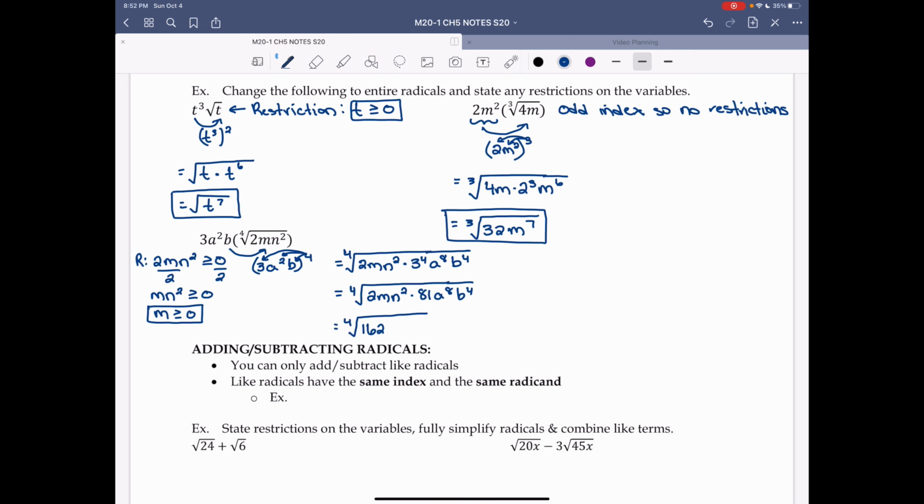And then I'm just going to put my variables alphabetically. You don't have to. A to the 8, b to the 4, mn to the 2. Our numeric coefficient should go at the beginning, but the order of the variables doesn't really matter.